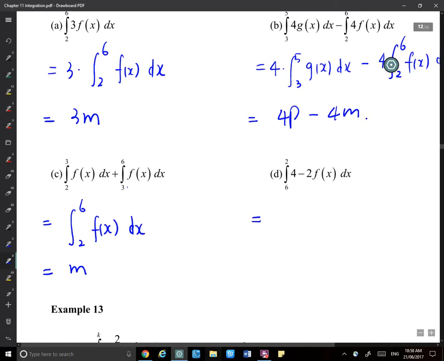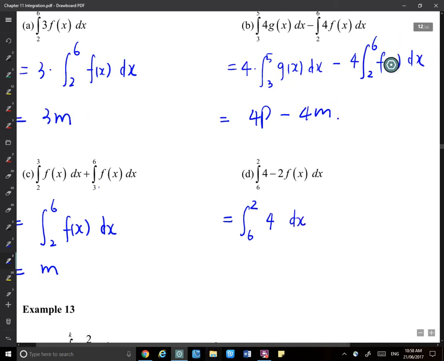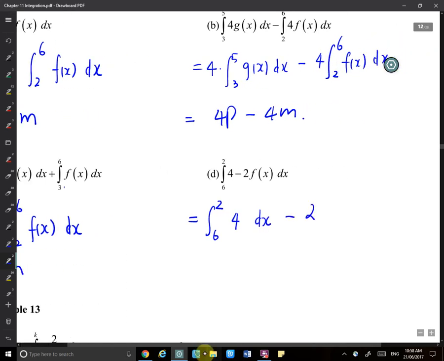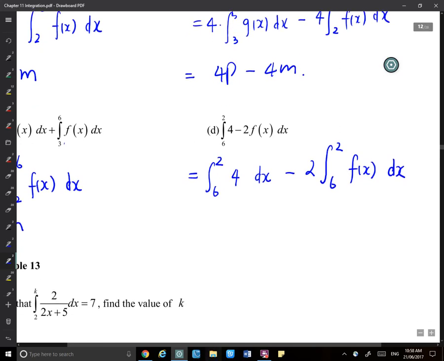Something subtract something. I can say that's the integral from 6 to 2 of 4 dx minus 2 times the integral from 6 to 2 of f(x) dx. The integral of 4 will become 4x, then 6 to 2.